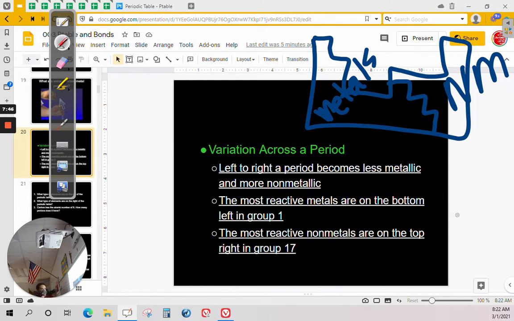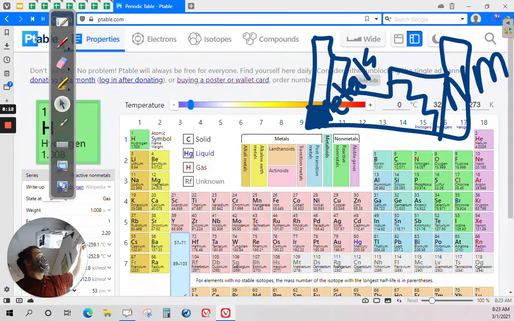Most reactive metals are on the bottom left in group 1. So this is group 1 over here. They're the most reactive metals, and this one down here that's francium is the most reactive metal. The most reactive nonmetals are in the top of group 17. So here, I'm going to go over here for a second.